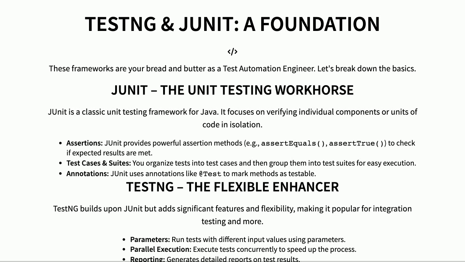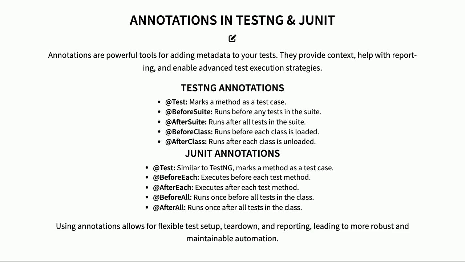Let's quickly look at the main differences between them, things like how they handle parallel execution and the kind of annotations you use. Let's talk about how we can add extra information called annotations to our tests using TestNG and JUnit. Think of them like little notes attached to your test methods that tell the testing framework what is happening, when it's happening, and even what to do afterwards.